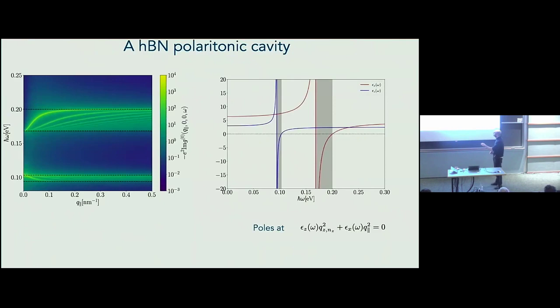This Q, you see, these momenta are extremely big, so the spatial resolution is very small. So this means that you can have this at given frequency only in a subwavelength cavity. Okay, thank you.